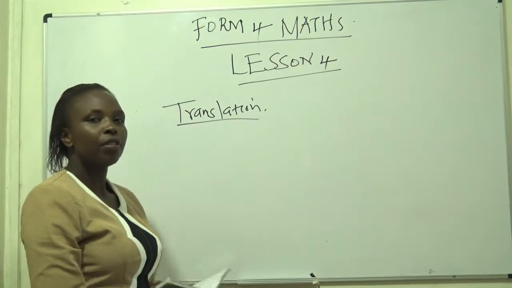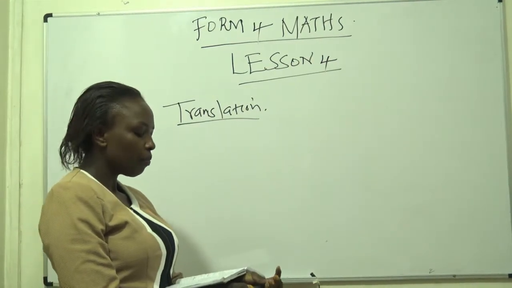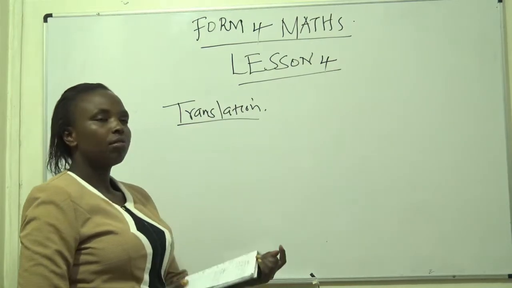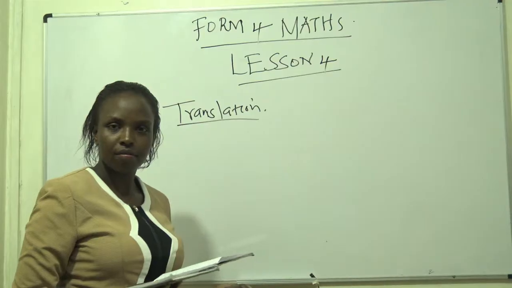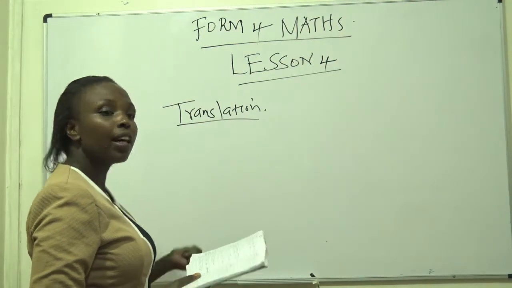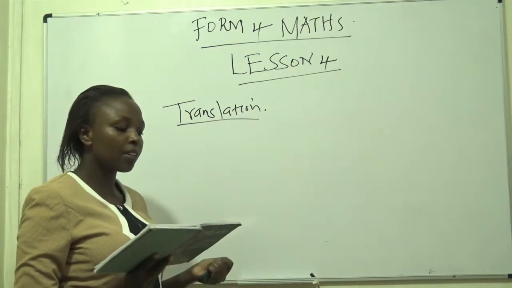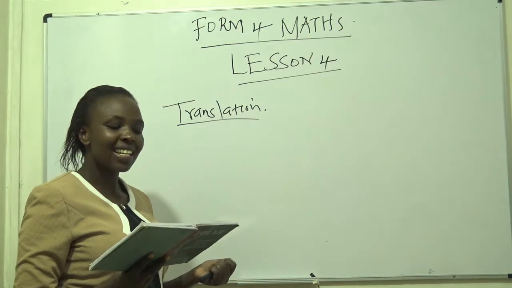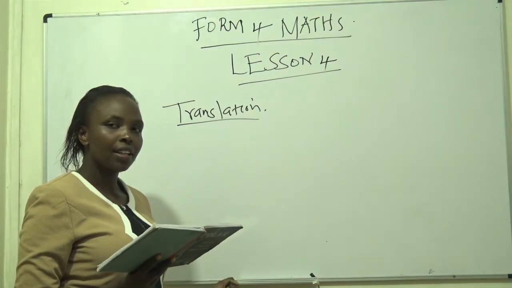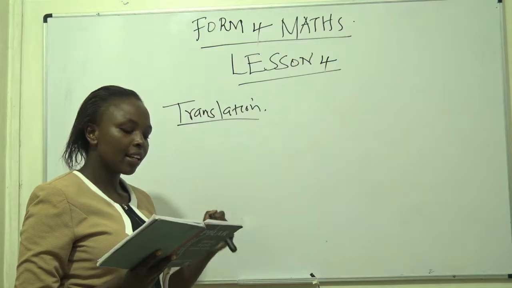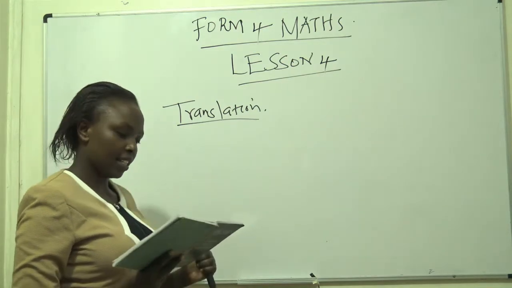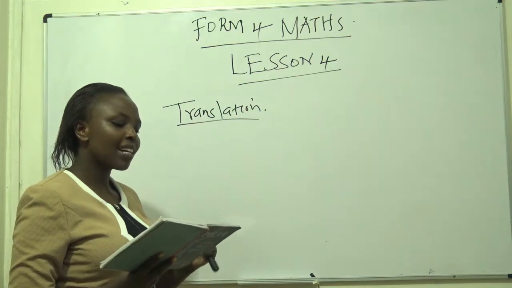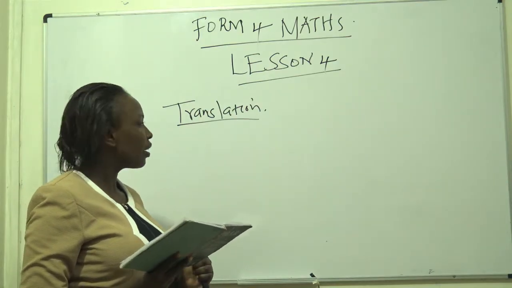Translation is a type of transformation. Maybe you may ask yourself, what is translation? Mathematically speaking, translation is a displacement of an object without turning it in a specific direction.